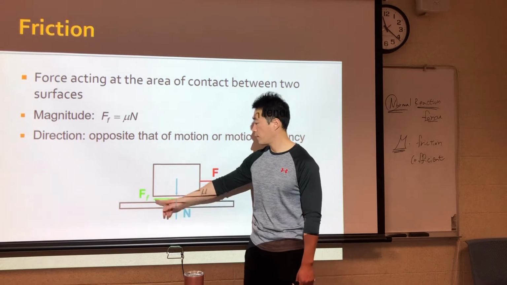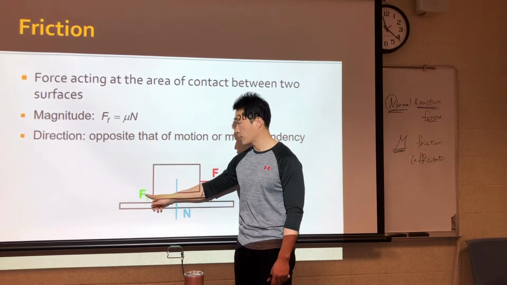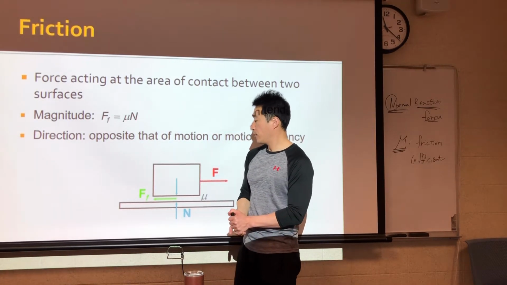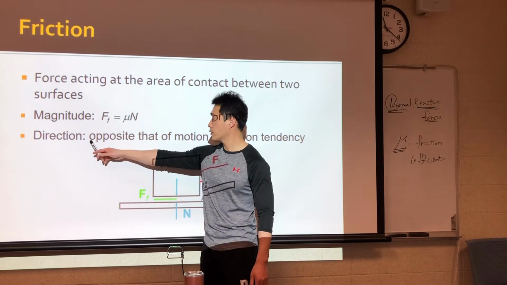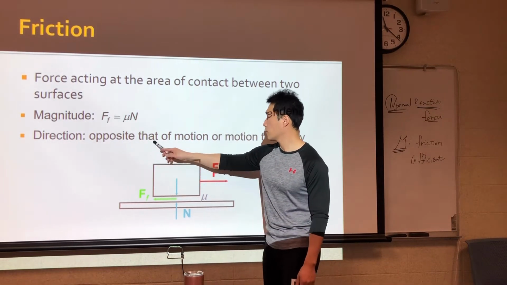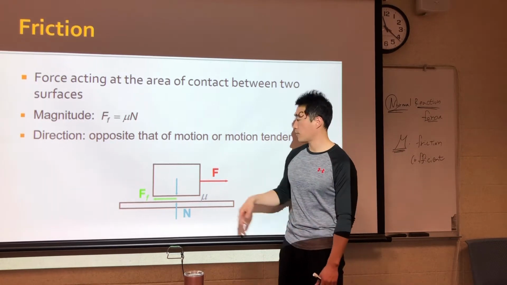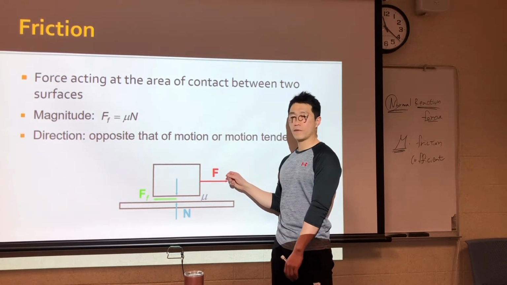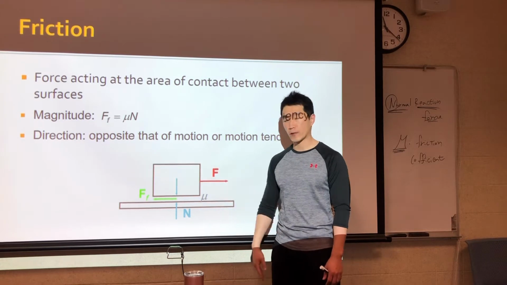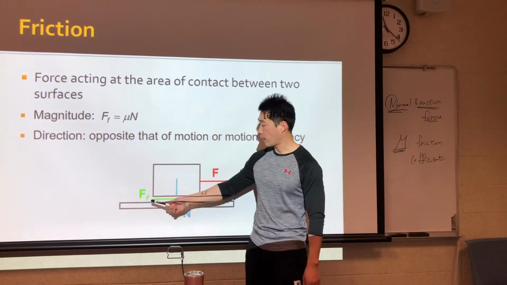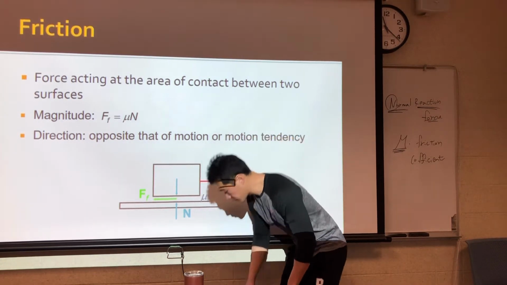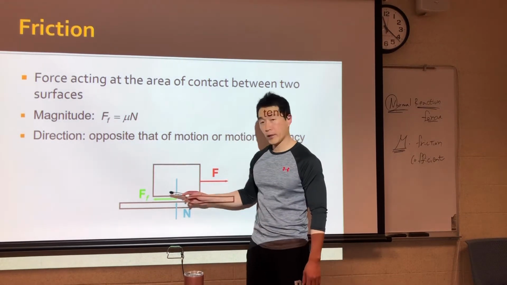So F means friction actually, and the direction of friction will be opposite of that of the motion tendency. Which means if I pull this box this way, friction will be acting the other way. That's why F here, again F here, and then friction the other way, right?